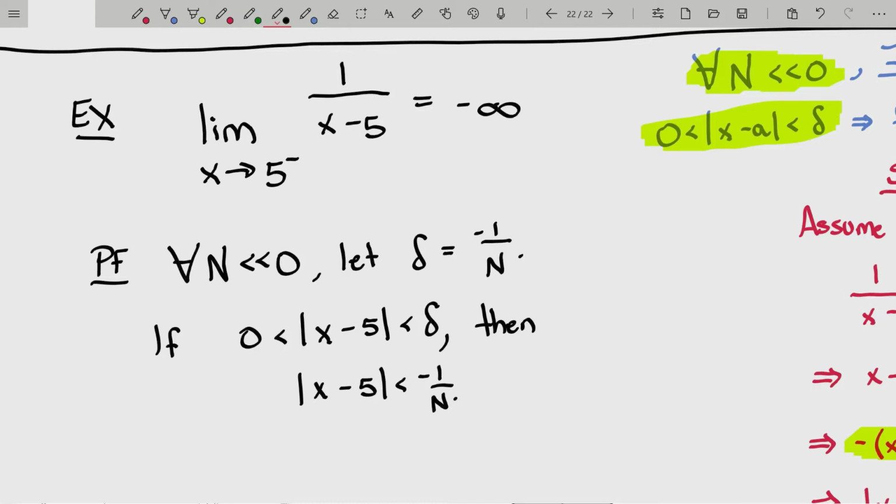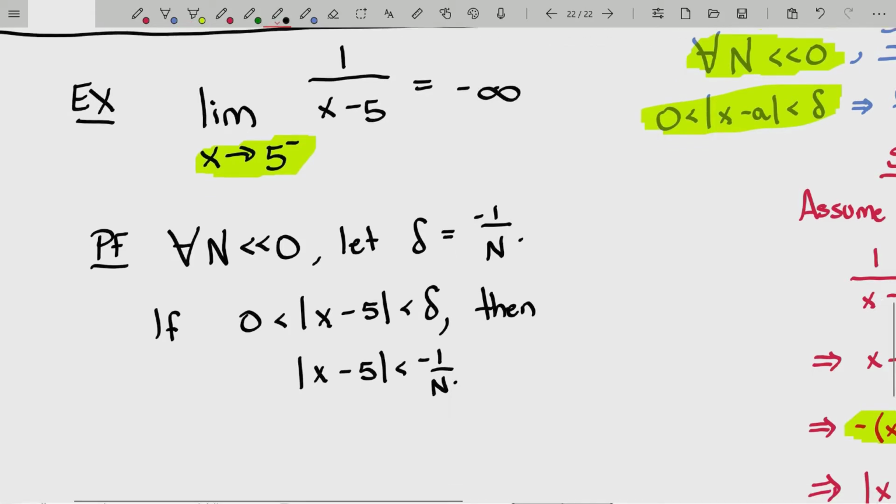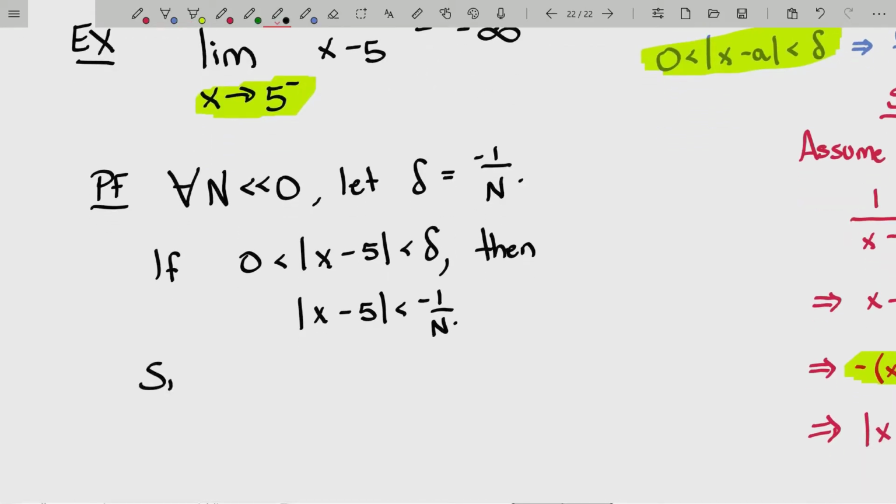And you say, but ladies and gentlemen, if you note in my original claim here, x is approaching 5 from the left-hand side. And they say, yeah, we see that. And you say, well, since x is approaching 5 from the left, the absolute value of x minus 5 can be traded out for the opposite of x minus 5.